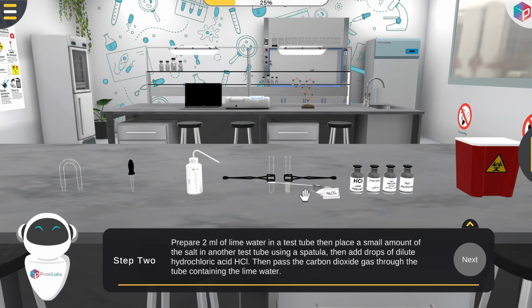In another test tube, place a small amount of the salt using a spatula. 3. Add drops of dilute hydrochloric acid. 4. Pass the carbon dioxide gas evolved into the test tube containing lime water.